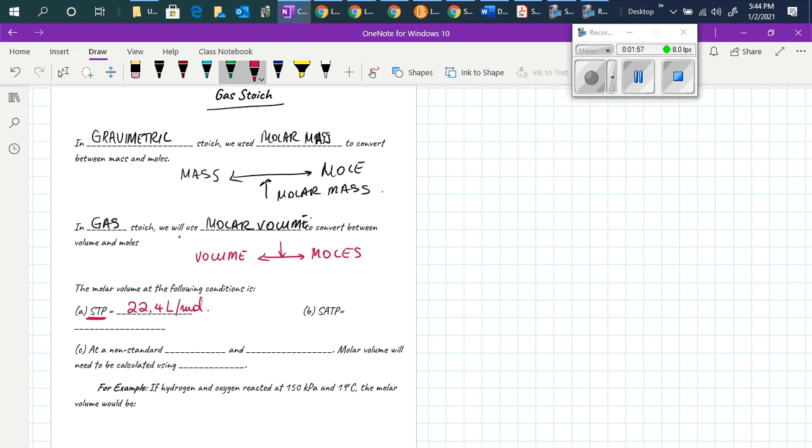And when we are dealing with SATP conditions, 1 mole of any gas will occupy 24.8 liters. So this is the molar volume on STP and SATP condition. Now, those numbers, I suggest you write down into your data booklet at the last page of it so that you have them there.